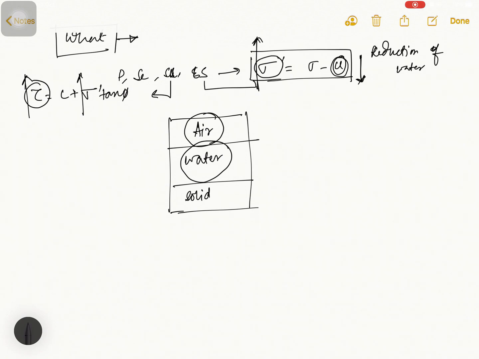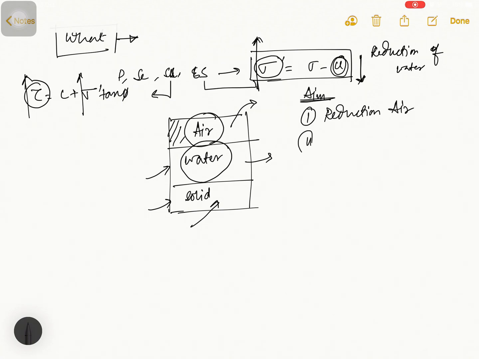Firstly we reduce air, and in the same volume, either we increase the solid or increase the water. Then after reducing air we'll reduce water and try to increase solid. So first our aim is reduction of air, and second motto is reduction of water.